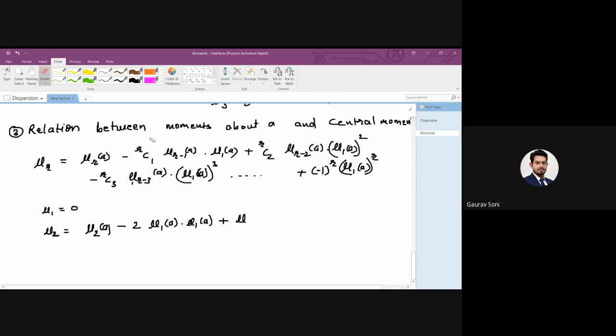So we'll remove this, and what we get is mu 1 of A square. Simplifying, we get a relation between mu2, the central moment, and the moment about A: mu2 of A minus mu1 of A square, right?